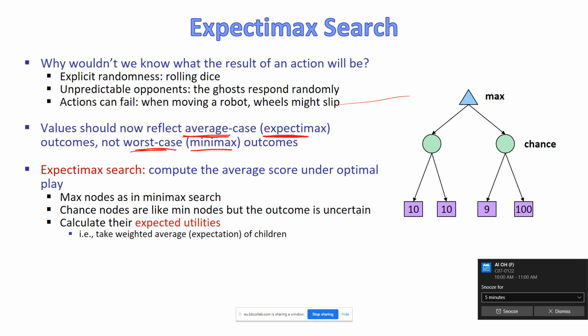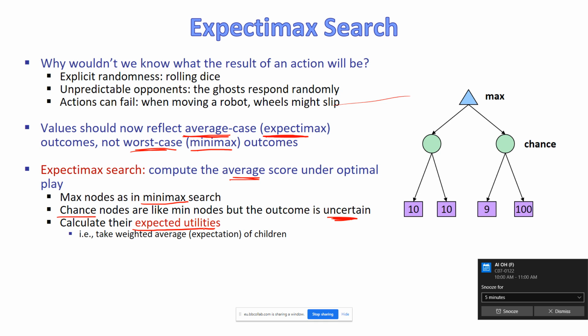That's a summary of the Expectimax search. So we'll compute the average score under the optimal play from our side. The max nodes will be the same as in Minimax, but the chance nodes will be like min nodes, but the outcome is uncertain. When we have uncertain outcomes, that means that we'll have to compute expected utilities, not exact utilities.